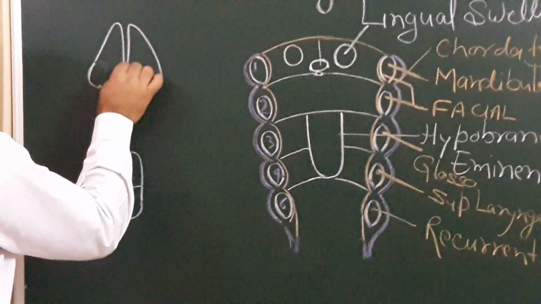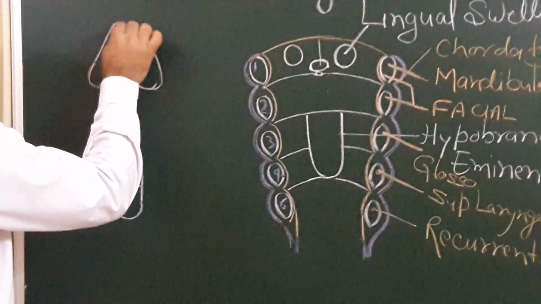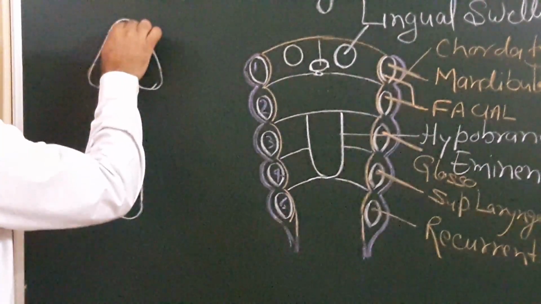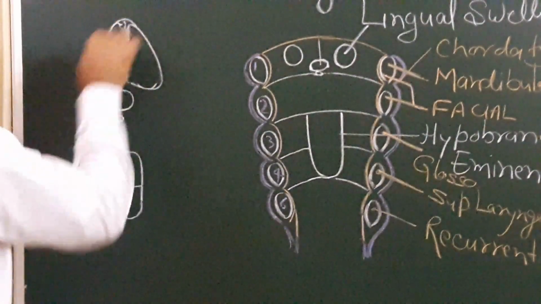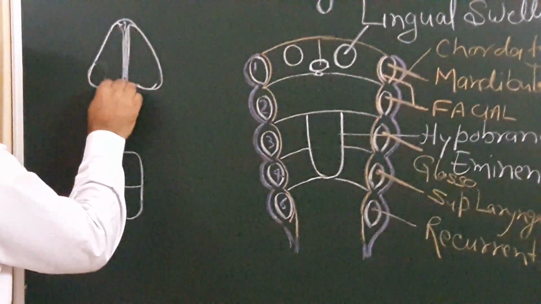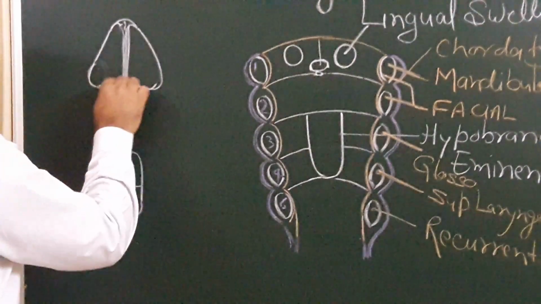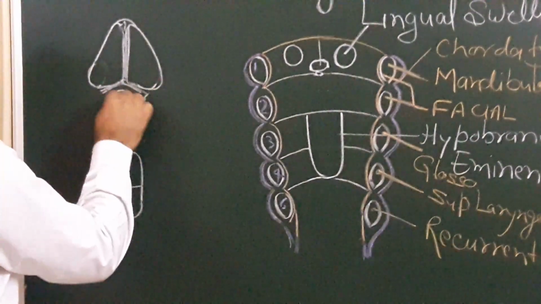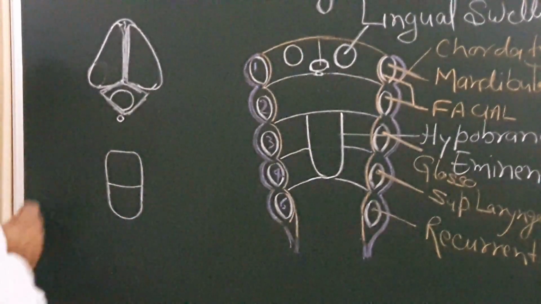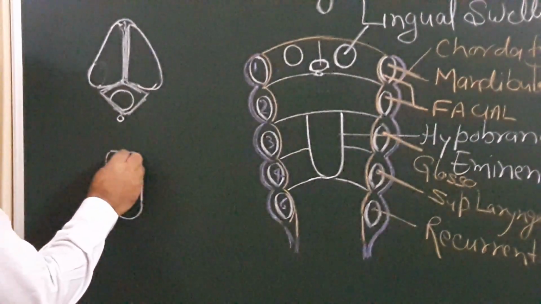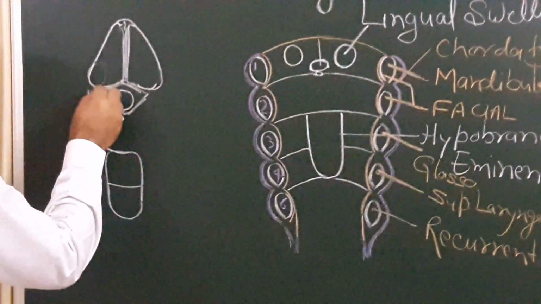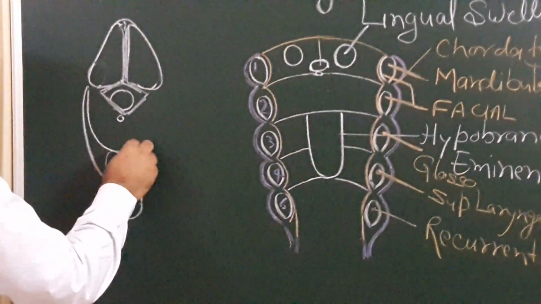Now these parts join with each other, and here the median septum is formed. This portion also enlarges and becomes cup shaped. This is known as the copula.